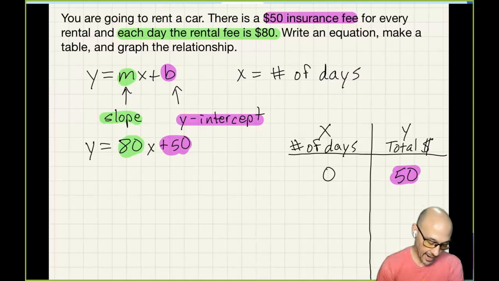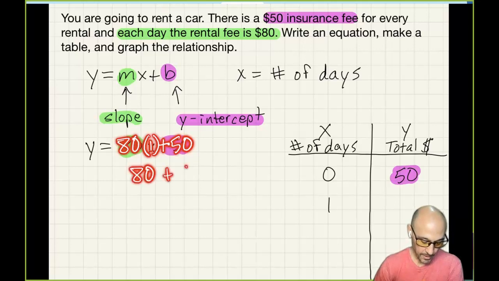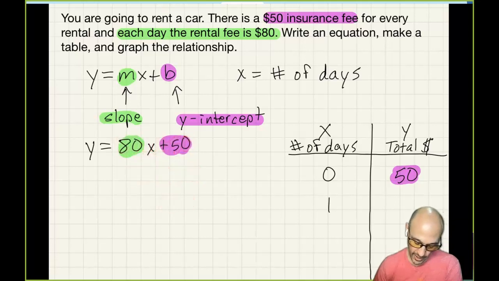On top of that, after 1 day, you can think of it like this. I have to pay the $50 for the insurance, and then after 1 day, 80 times 1, that's 80, plus 50 is 130. So I'm going to have 130 here.